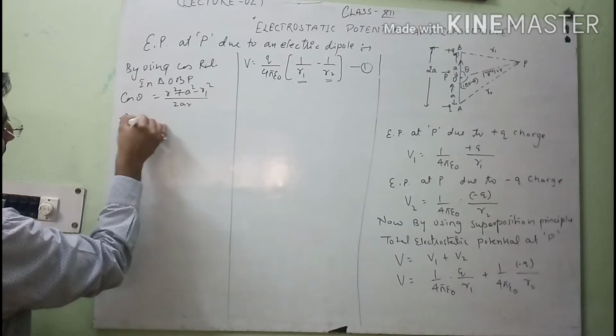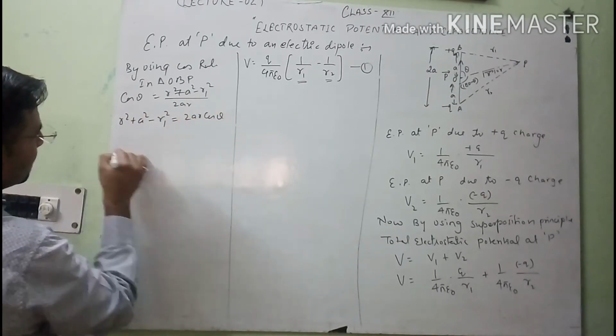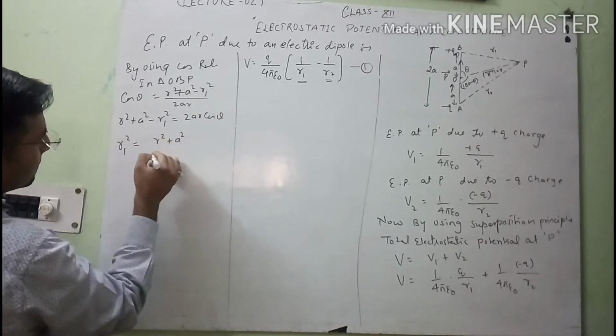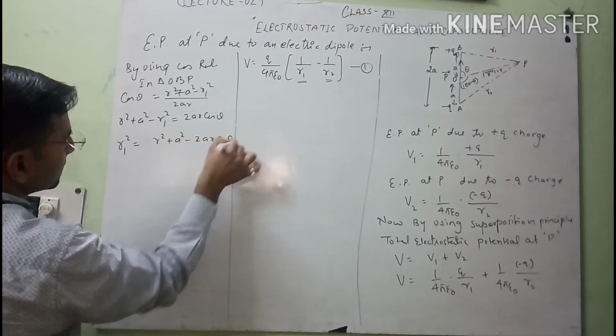From here we get R1 square equals R square plus A square minus 2AR cos theta.